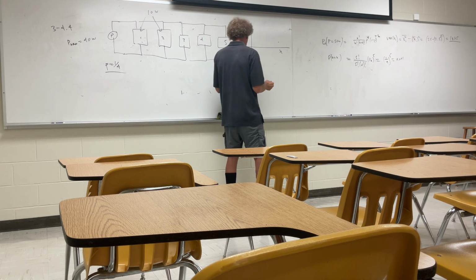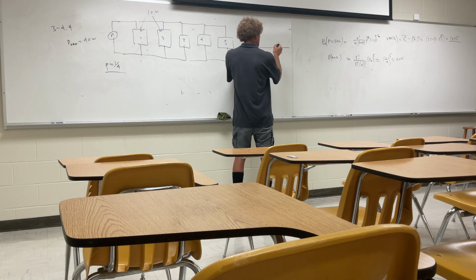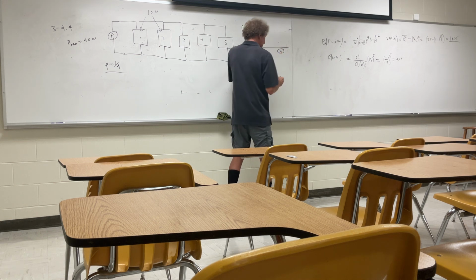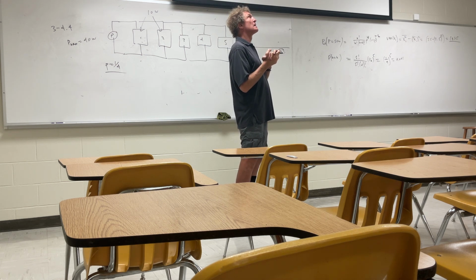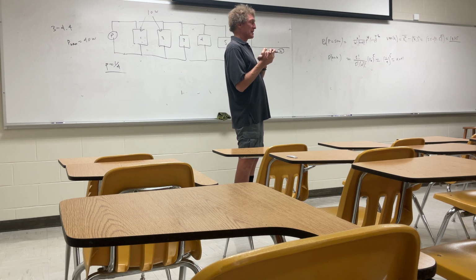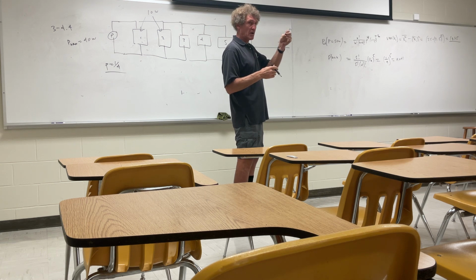Or, if you think about this, this x would be discrete in this case, but it would be proportional to the number of power supplies on. Do you follow me on this one?